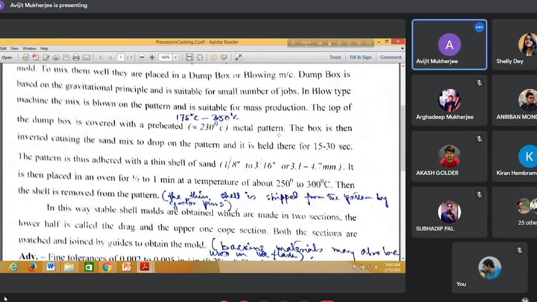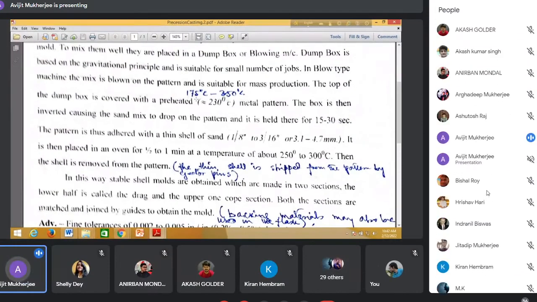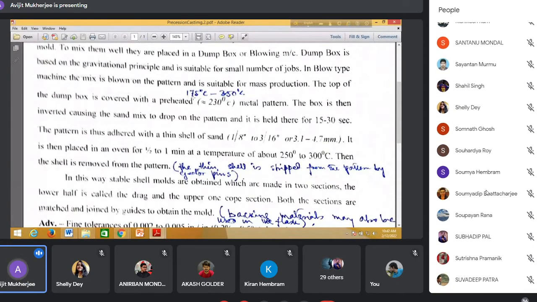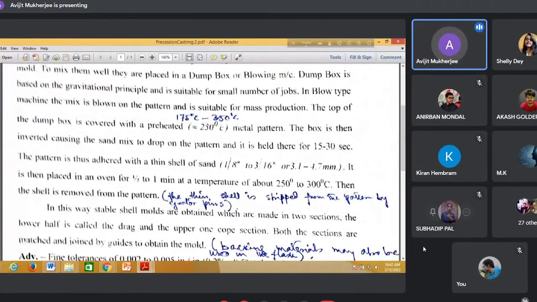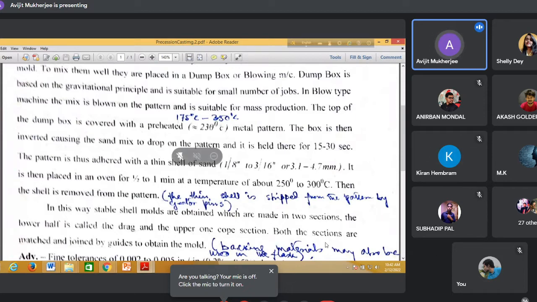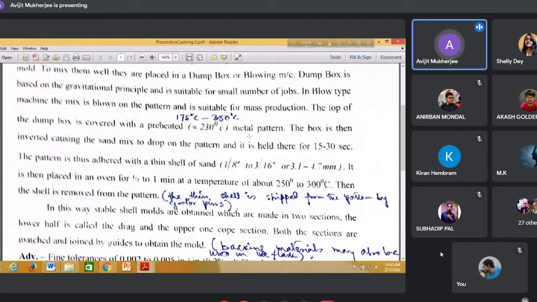Mix your ingredients thoroughly. Cover the top of the dump box with a preheated metallic pattern. What is the temperature of preheat? 175 to 350 degrees. Average is 230. Not average, this is approximate. Then turn it upside down and allow the material to settle on the metallic pattern. How long? For 15 to 30 seconds.